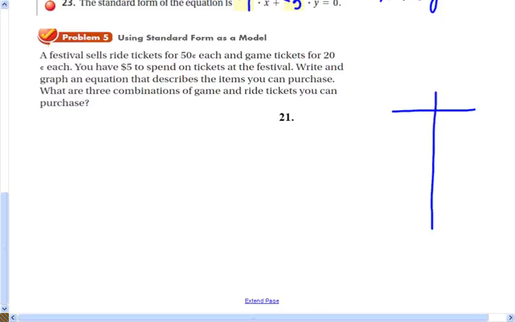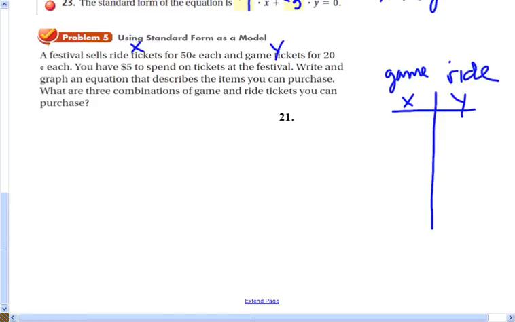So let's let x be our number of game tickets and y be our number of ride tickets. Okay? And if we think of this, an expression for how much we spend on game tickets is, actually I think I'll change that. Let's let x be our ride tickets and y be our game tickets.